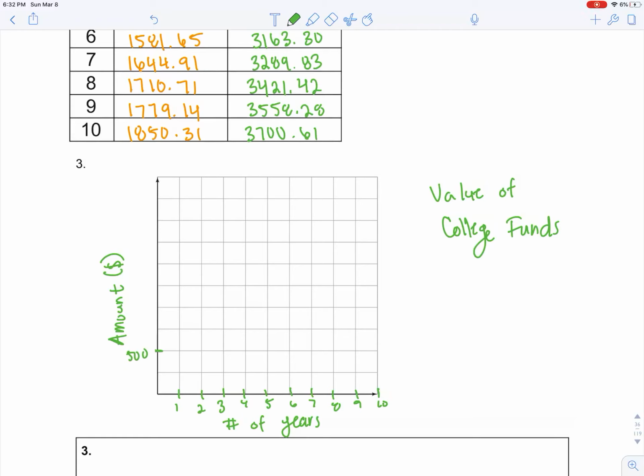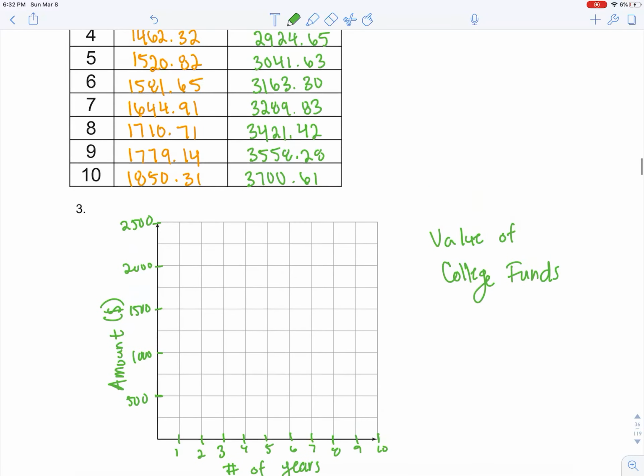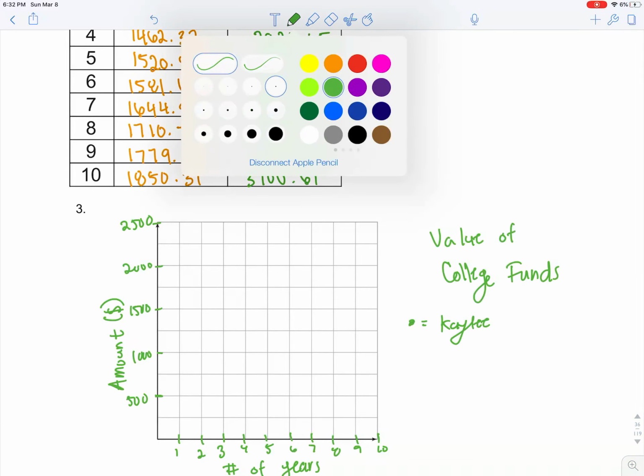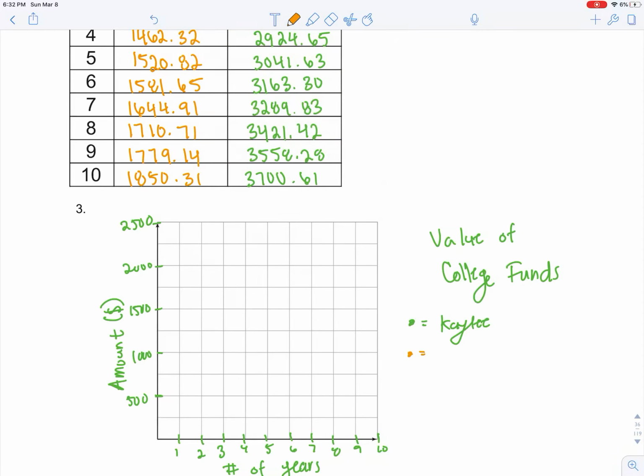I think that's what we should do. So here's 500, there's 1,000, there's 1,500, there's 2,000, and then there's 2,500. I think that would be the best picture for both of these. Okay, and then please make sure you guys are labeling who's who. So the green for me is Kaylee, and then the orange for me is Cassie.